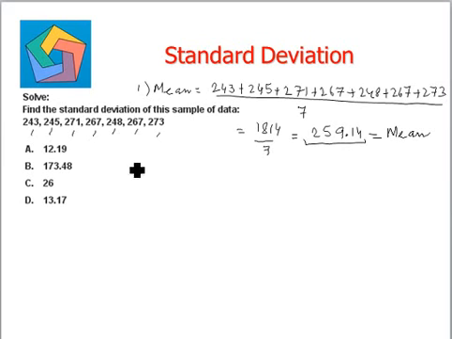Now we'll find out the difference of each number from the mean. So first we write down and then square the difference.